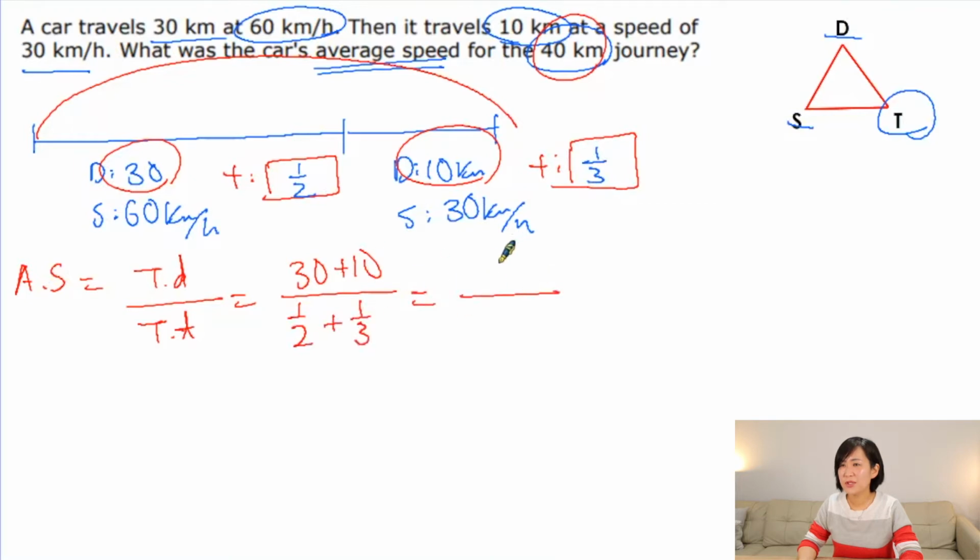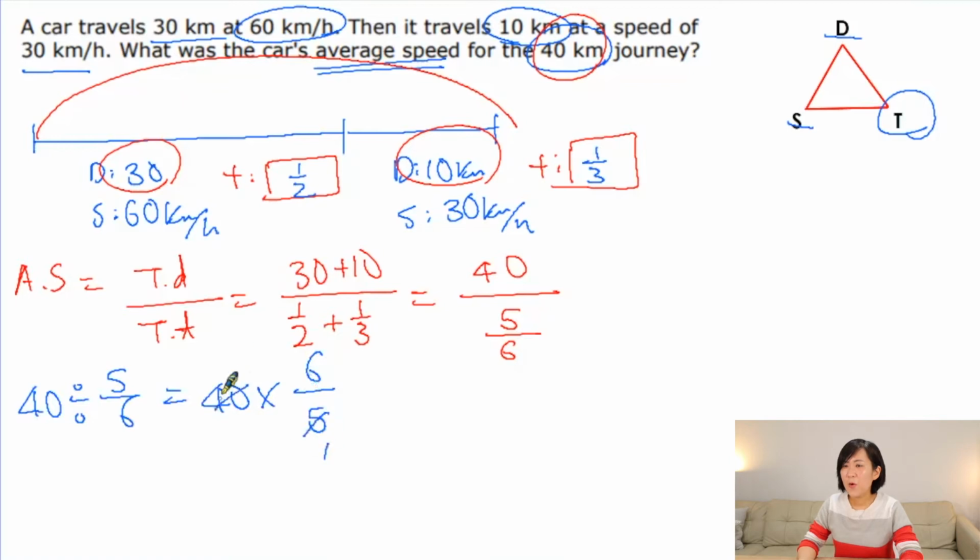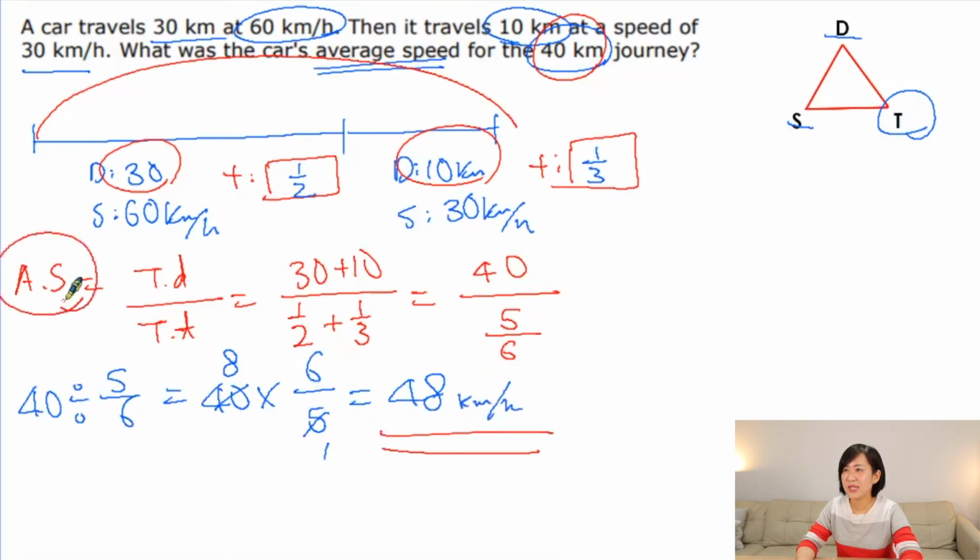That gives you 5/6. Now 40 divided by 5/6, so 40 times, flip over, 6/5, which gives 48. So check your unit: kilometers per hour is our average speed of the whole journey.